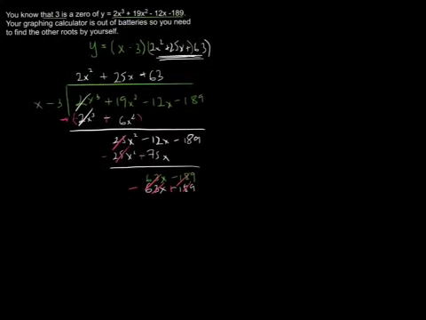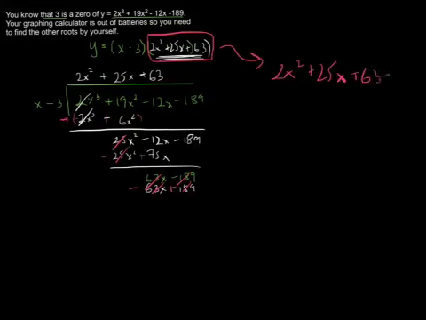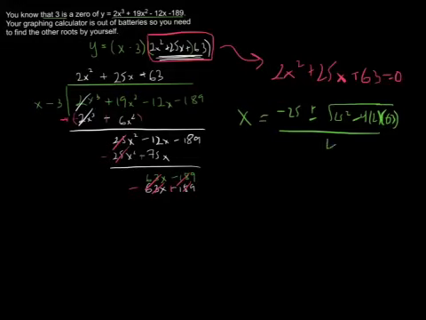So we'll put this to the side, and I'm taking this quadratic, and I want to know when it will equal 0. 2x squared plus 25x plus 63 equals 0. When will that occur? My quadratic formula tells me that the x value will be negative 25 plus or minus the square root of 25 squared minus 4 times 2 times 63, all over 4.